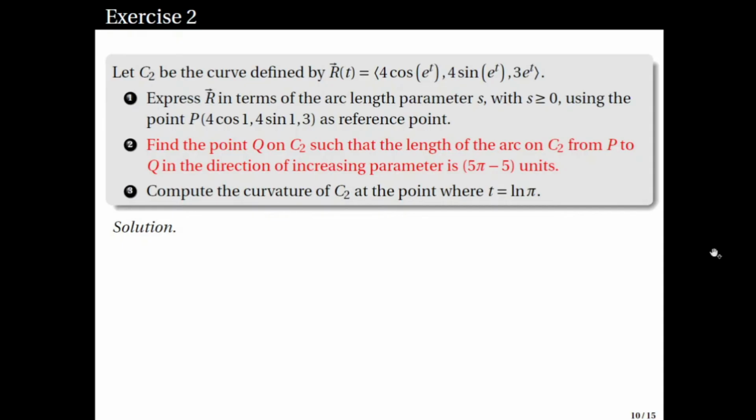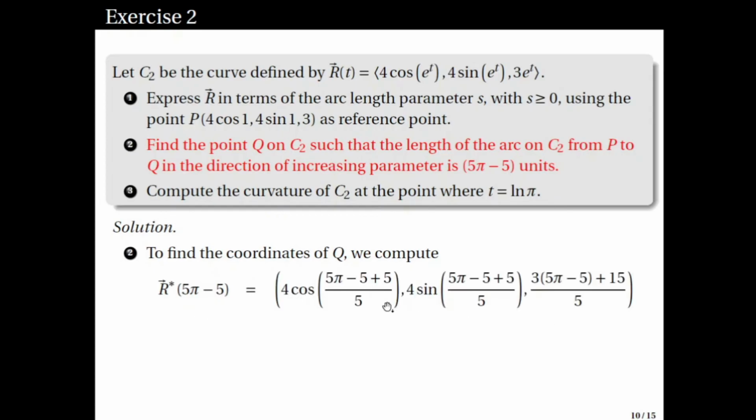So if you are given an arc length from a point P to Q, and you have the arc length parameterization from the reference point P, to find the coordinates of Q, you can just simply substitute the value of the arc length, which is 5 pi minus 5 units, into the arc length parameterization we have from number 1.